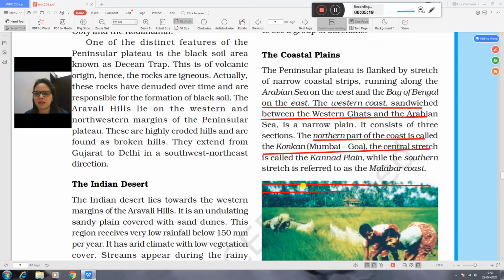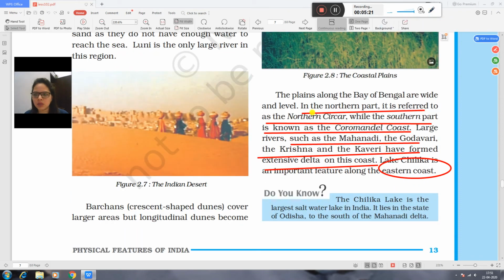Now the next: the plains along the Bay of Bengal are wide and level. In the northern part, it is referred to as the Northern Sarkar. Here Sarkar does not mean government; the name is Sarkar.